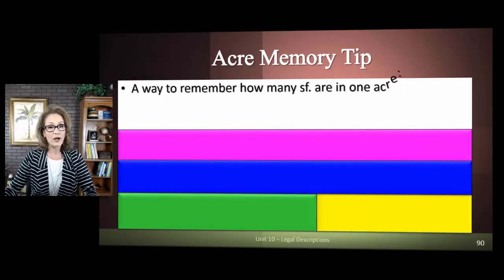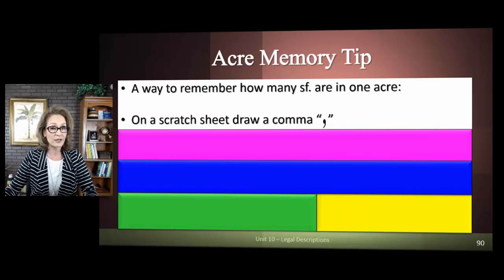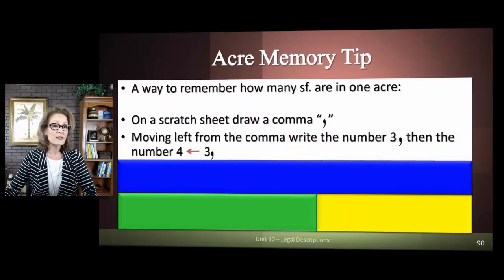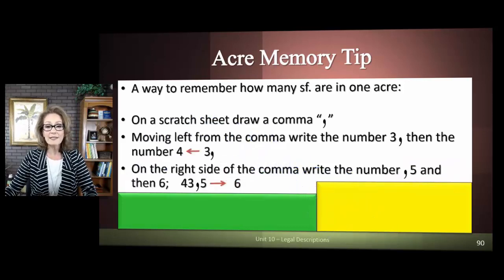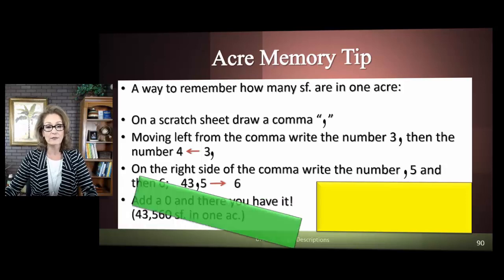A way to remember how many square feet are in 1 acre. On a scratch piece of paper, draw a comma. Moving to the left of the comma, write the number 3 and then write the number 4. On the right side of the comma, write the number 5 and then 6.